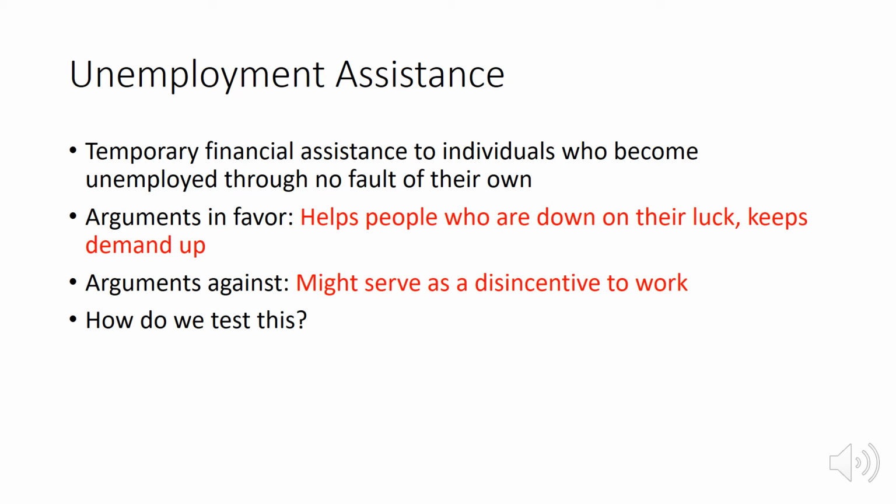Of course, all these things that we're positing, both these arguments in favor and arguments against, are just suppositions. It's our job as people working with data to test these theories, test these hypotheses. So how might we test this?